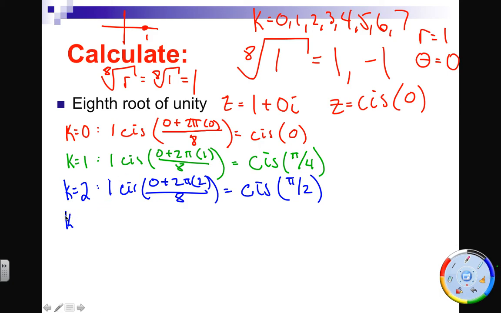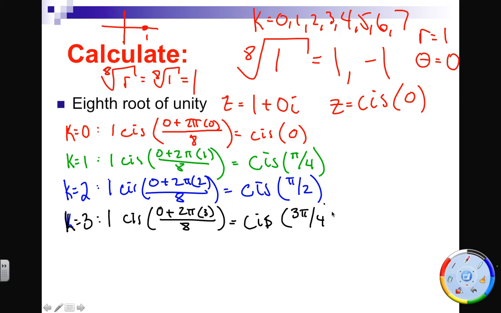So, K equals 3. Notice that this is a process. I can't do this really any faster either. In this particular case, I could because of the way symmetry works, but I'll talk about symmetry in just a second. 2 pi times 3 is 6 pi over 8, which is 3 pi fourths.